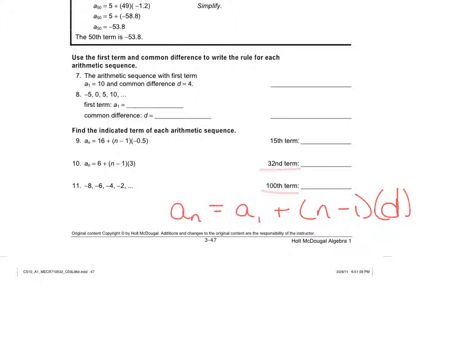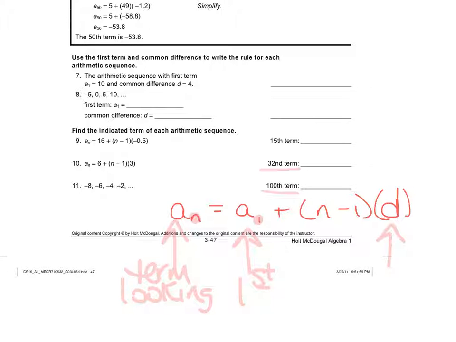Okay, again, this 1 and the n here on the formula, these are just labels. This A1 is the first term in the pattern. And this is just the term you're looking for. And then this is what you're adding or subtracting.